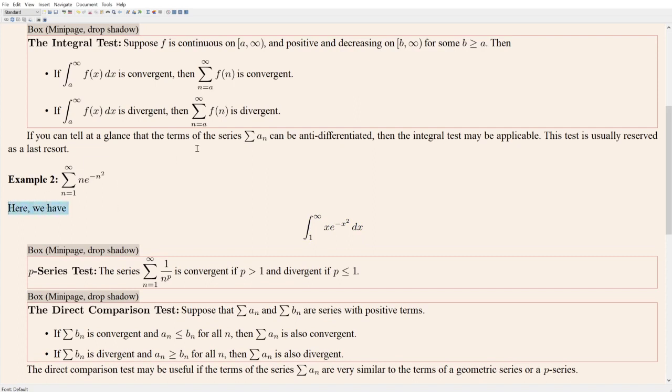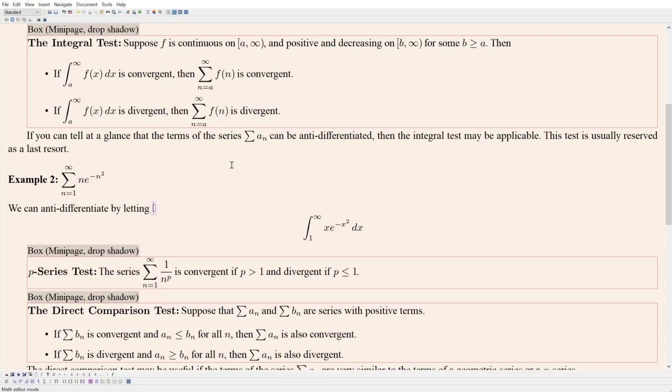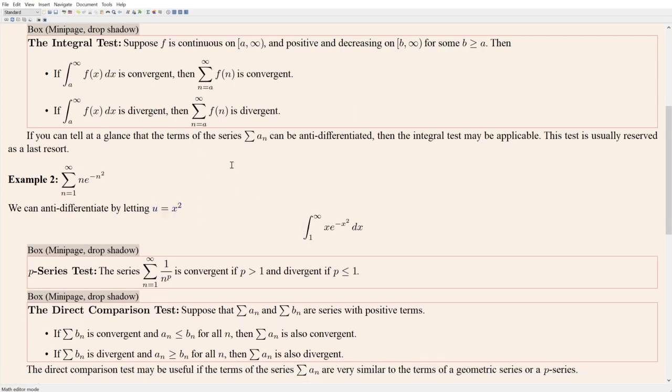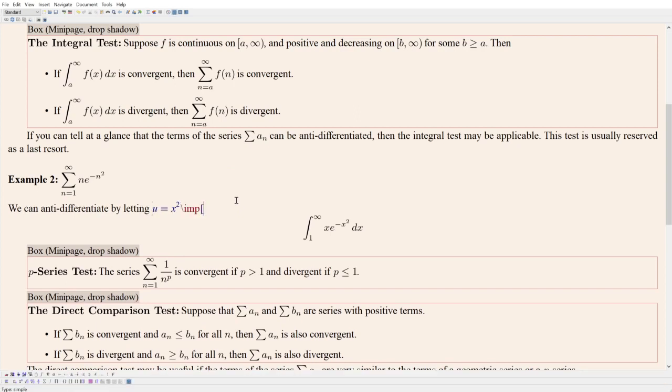So the point is we can anti-differentiate this by letting u equal x squared. Because then du is equal to 2x dx, so that means that this x here is going to get canceled out when we plug in the dx.